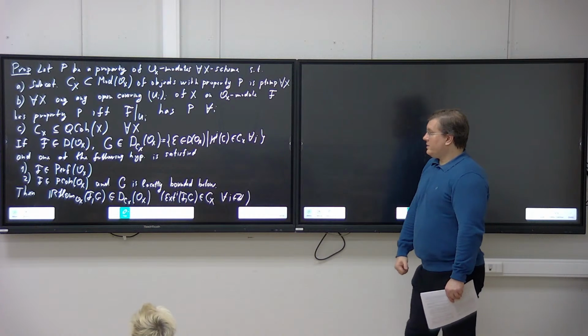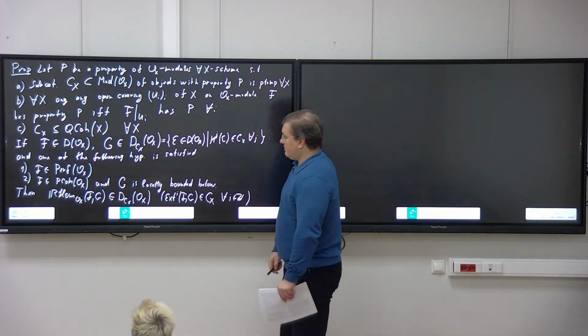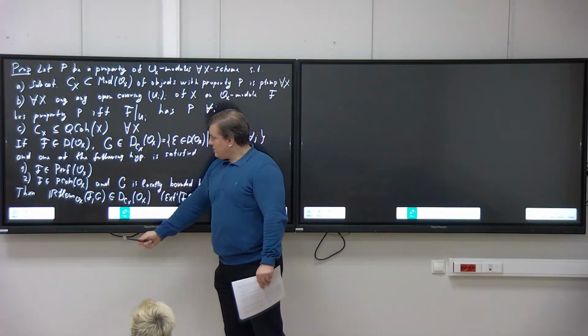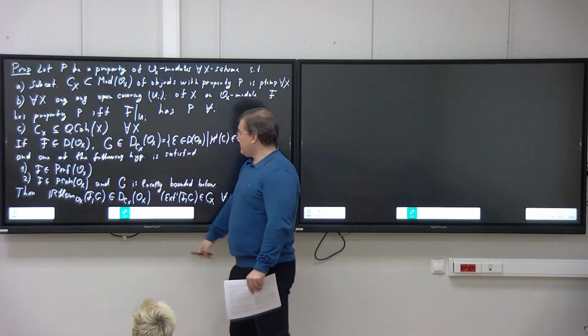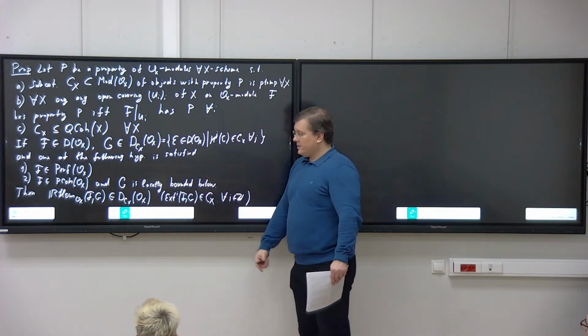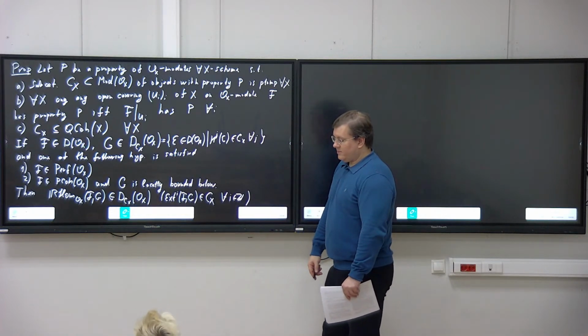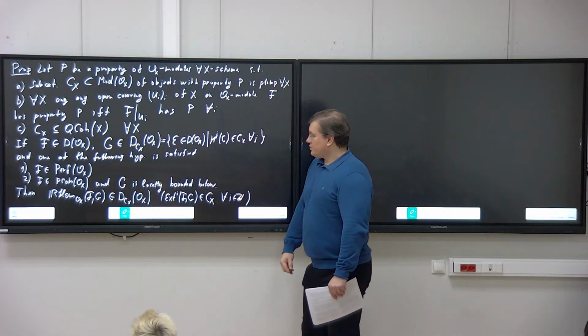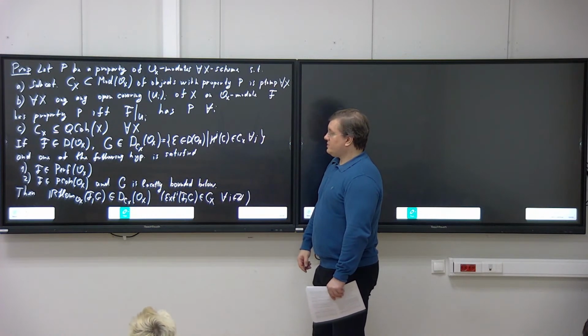So then the claim will be that, well, I think the second one is a little bit more interesting. The claim is that if the first argument is pseudo-coherent and the second argument, say, again, you take a quasi-compact case and then you can skip this locally bounded, so you can say that G is from the D plus.